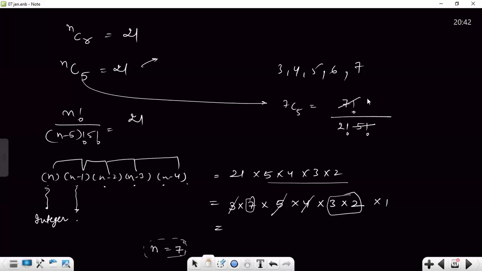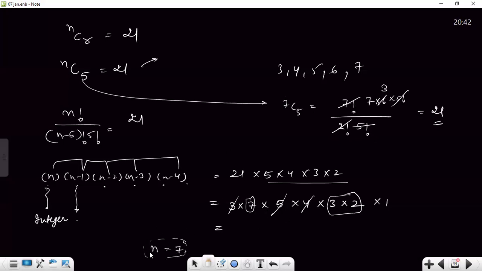Now this becomes 7 into 6 into 5 factorial; 5 factorial gets cancelled with the denominator. 2 cancels 6 by 3, this is 21. Yes, so with n being 7, the question can be solved.